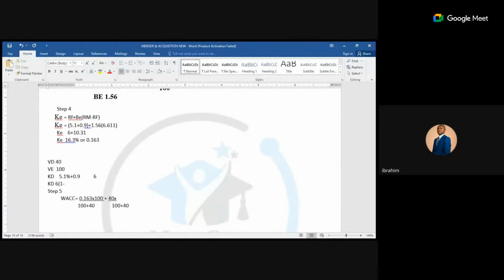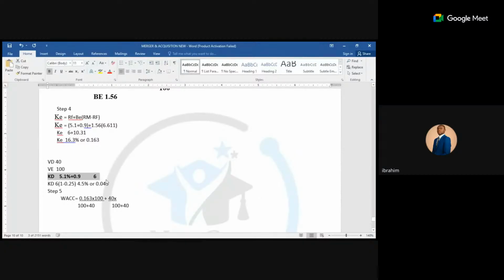What is the tax rate? 25. So what is the cost of debt? What do we have? 4.5. Right. So this 4.5 is 0.045. Can you see it?